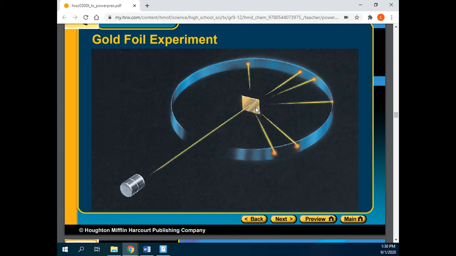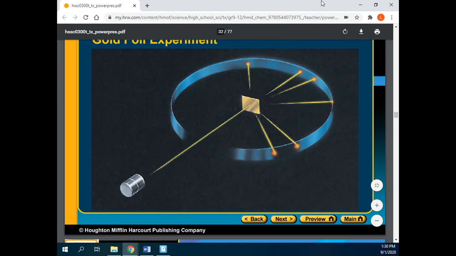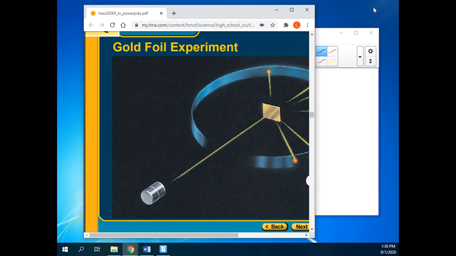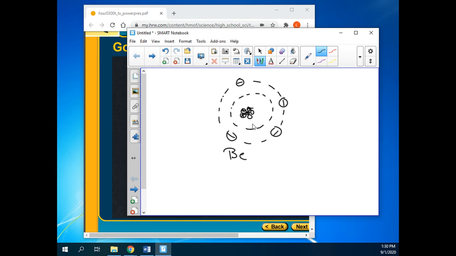So with that information, what he discovered was that the atom was actually not evenly distributed with protons and electrons all throughout it, that it had this dense center right here that was made up of positive particles. And that's how he discovered that the protons were all densely located in the center of the atom and not scattered throughout with the electrons.